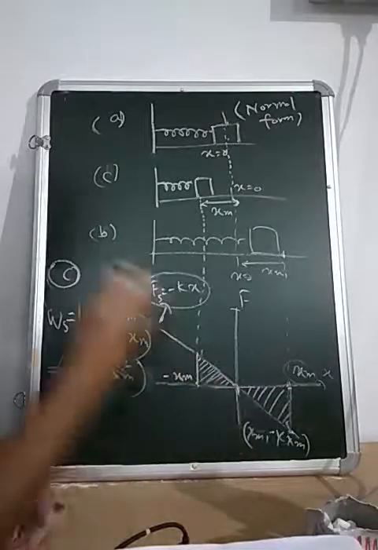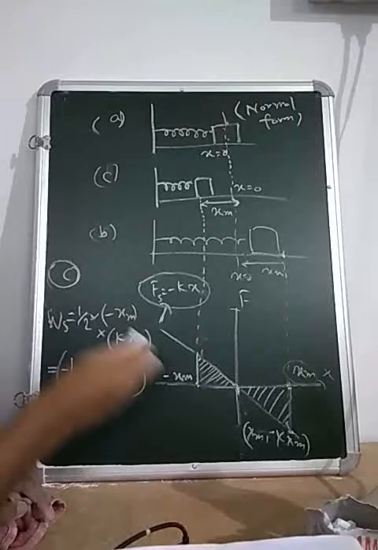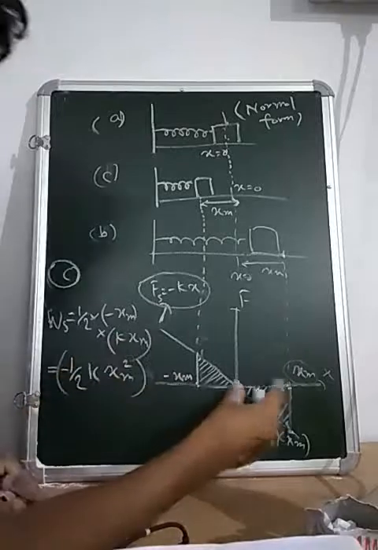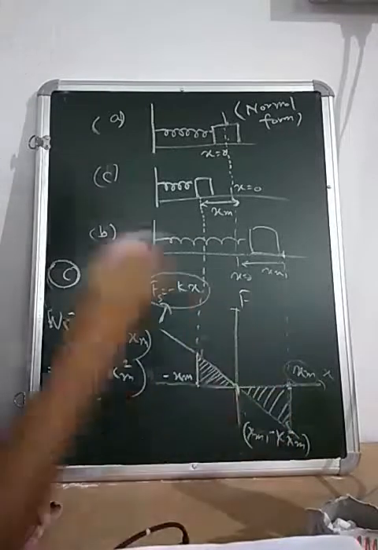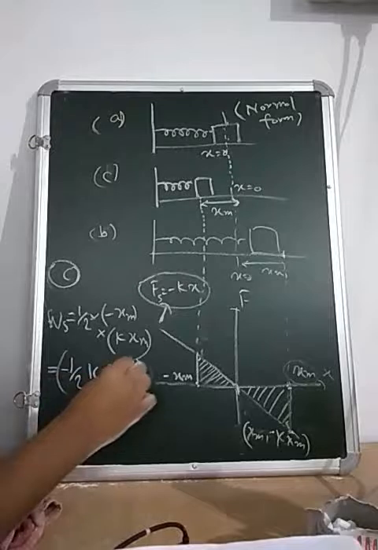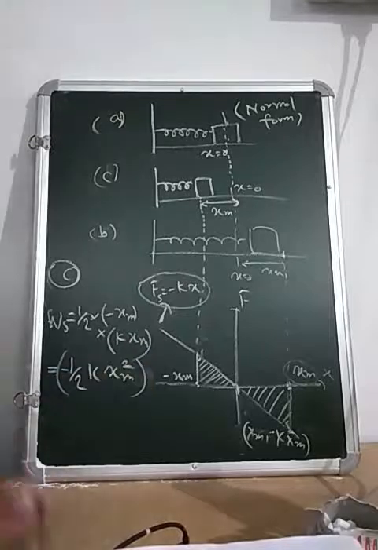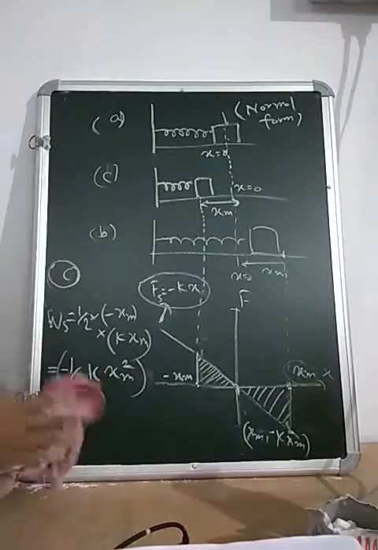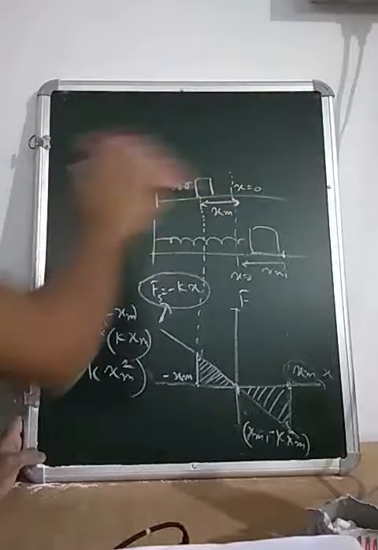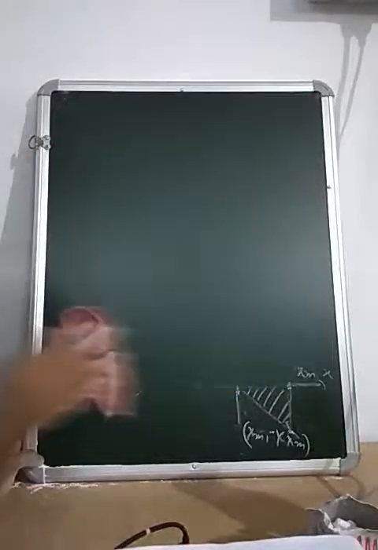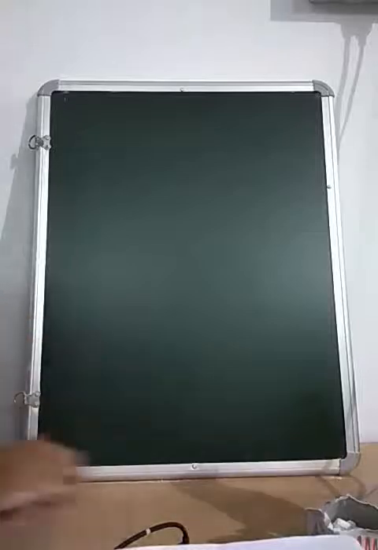Both will give the same result. So in both cases, the work done by the spring due to this compression or due to this extension is minus half into k xm square. Okay, these are certain things related to spring.